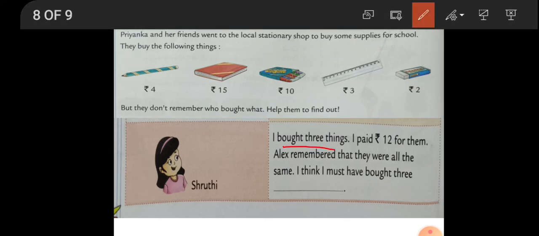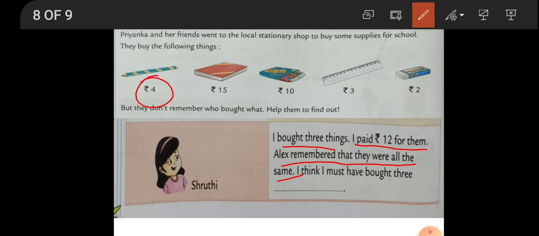Okay, yes. Next, she is Shrishti. She said I bought 3 things. I paid 12 for them. Remember that they were all the same. She has bought the same object thrice. What 3 things must she have bought, which will give you a total of 12, beta?